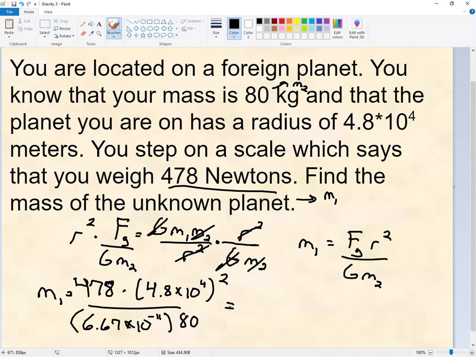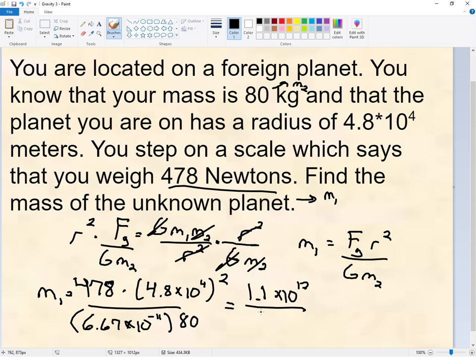Okay, so again, just doing the calculator stuff. I'm going to do 4.8 times 10 to the fourth in parentheses squared, and then multiply that by 478. So on top of this, I get 1.1 times 10 to the 12th.